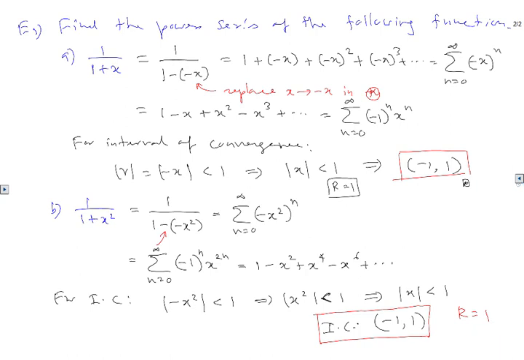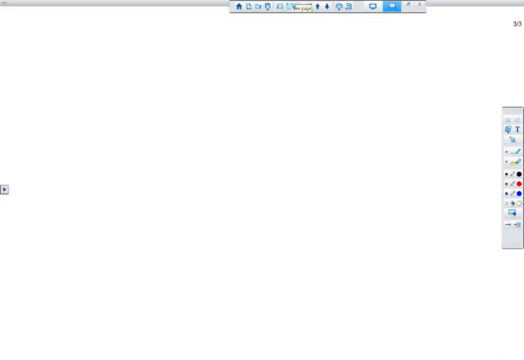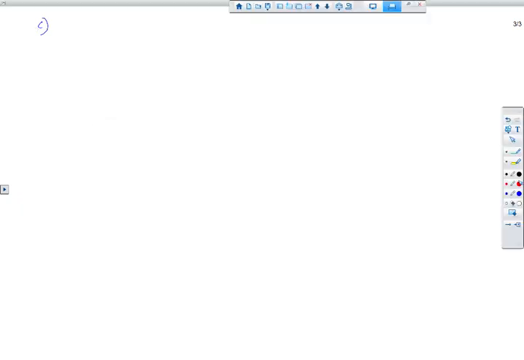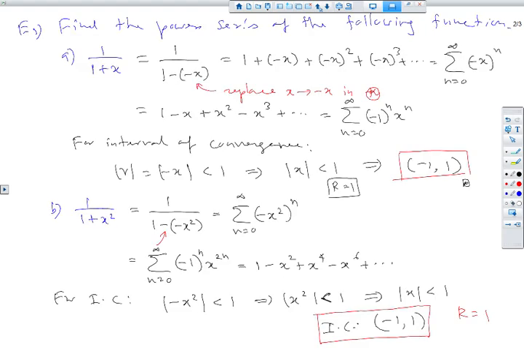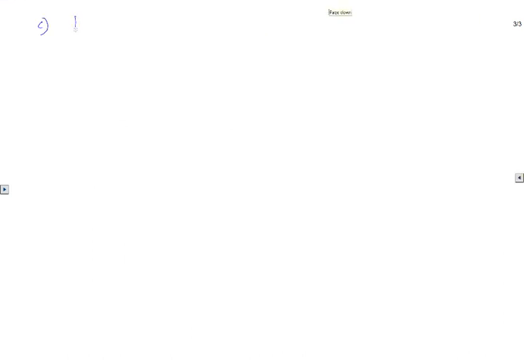How about this one? The next one, part C. I'm gonna write the full question here. Okay, let's look at that one. So power series representation, part C, how about 1 over x plus 2?